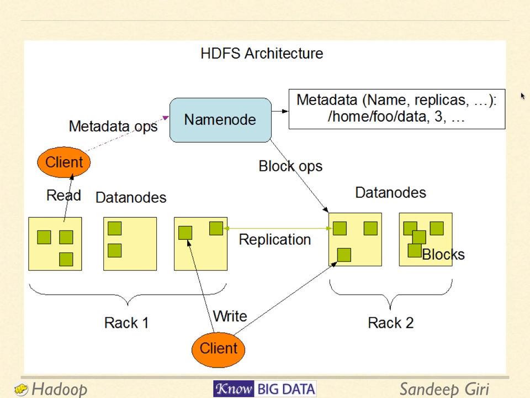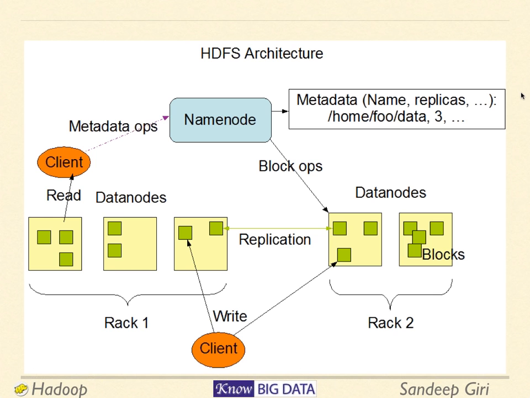The default replication number is 3, which means each block will be copied 3 times and stored on 3 different machines. Remember, it doesn't store a copy of the same block onto the same machine.